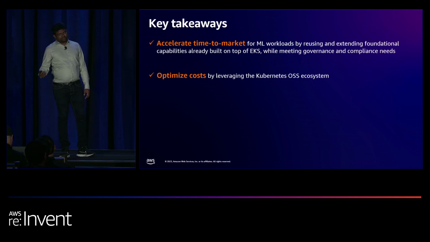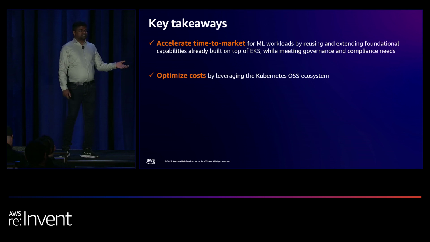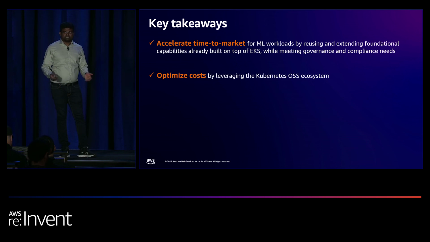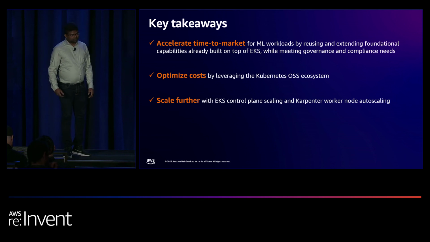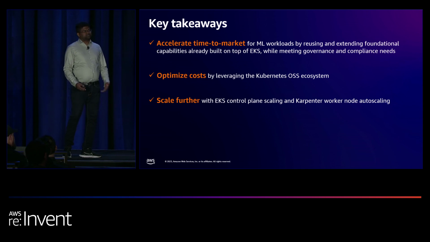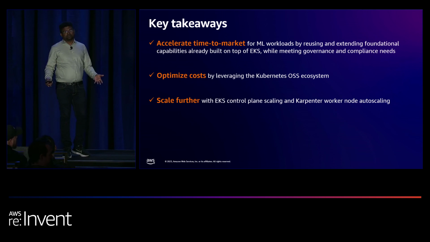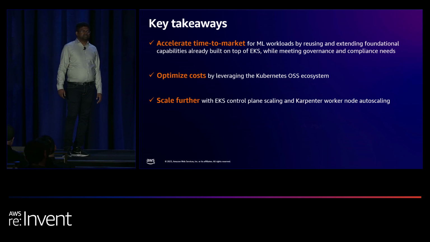And you get to reduce cost because you're using an existing platform. You're not rebuilding from scratch or reinventing the wheel, and you're using a lot of open source solutions which do not require you to pay a premium for the ML-specific functionality that you need. Most importantly, with EKS we manage the control plane for you, and with that you get to scale much further than you would with your own self-managed Kubernetes.